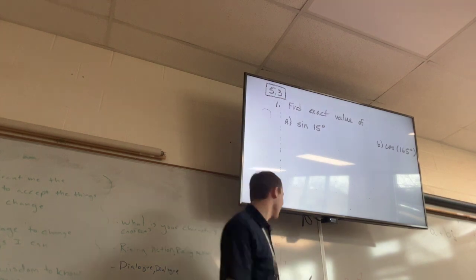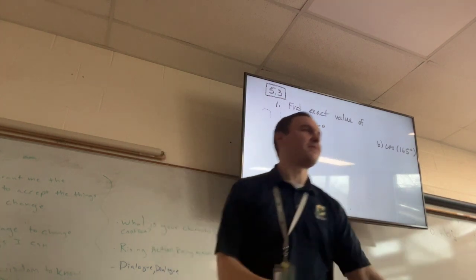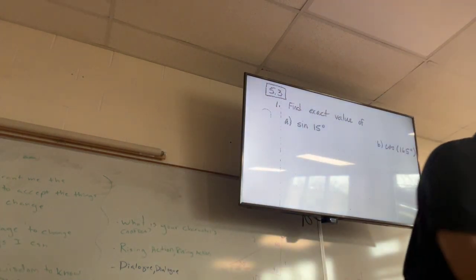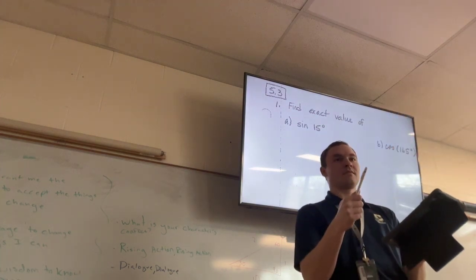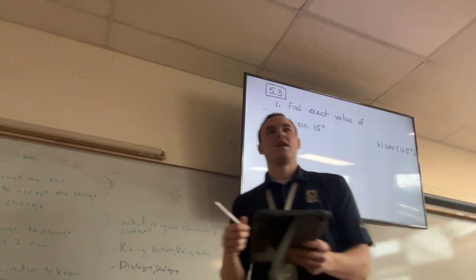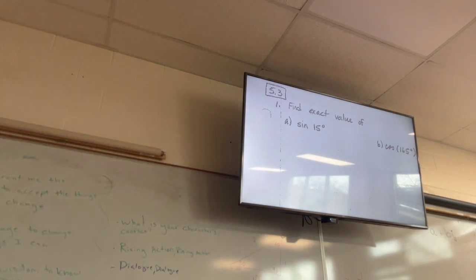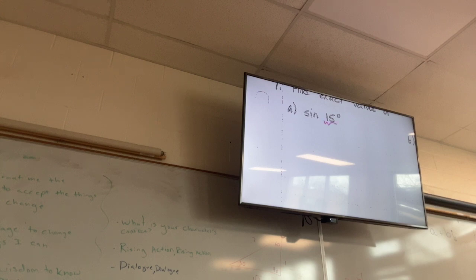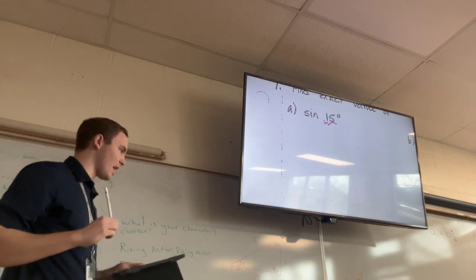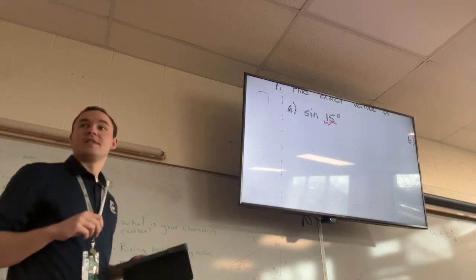Does anyone see an angle that we could use as a reference angle for 15 degrees? You're on the right track. So we need to rewrite 15 using 2 of the angles that we do have on our right triangles.